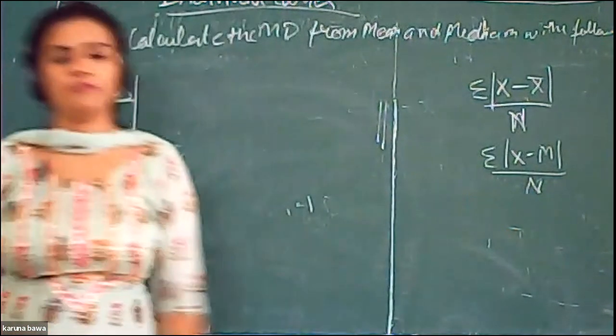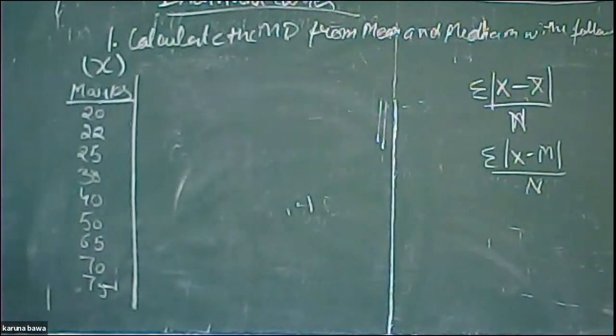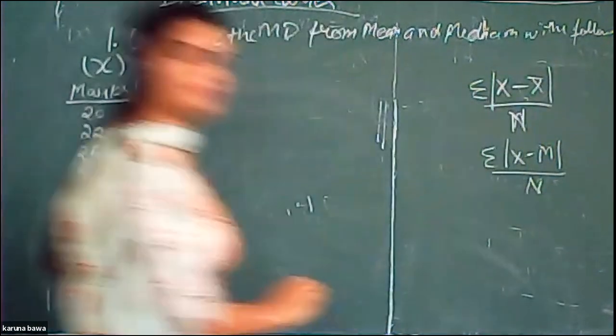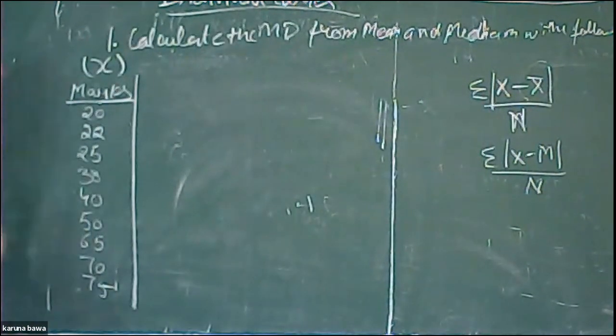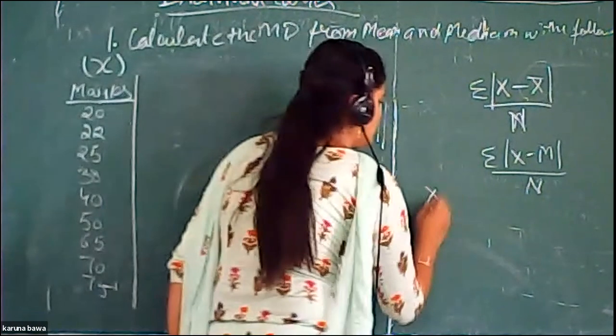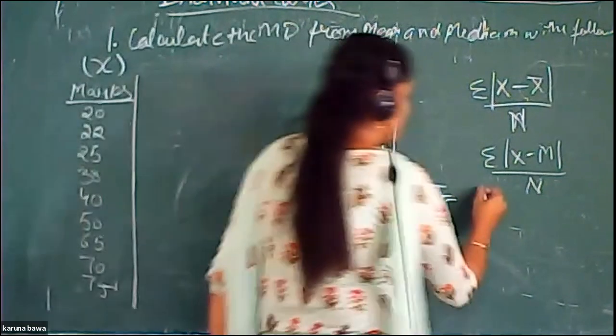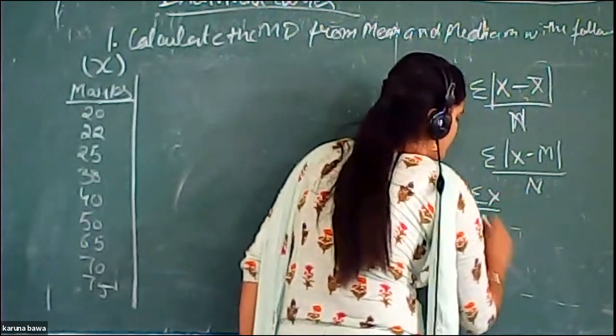First of all, we find the mean value. The formula is summation x over n.